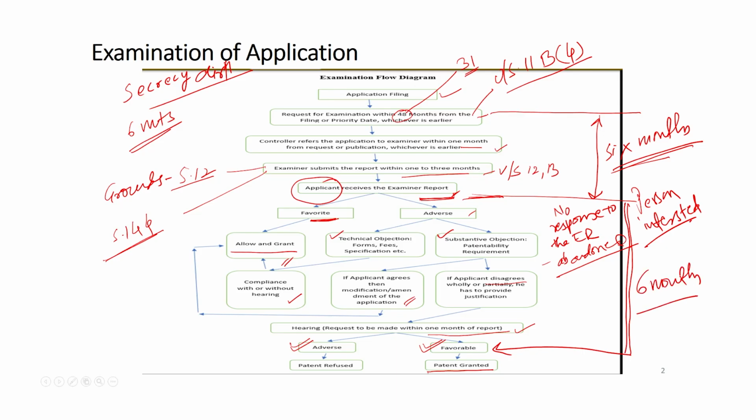So, this is the timeline within which the process of examination of the application is to be completed. From the request for examination to the applicant receiving the examiner's report, the total time is 6 months, and from this stage till the decision of the controller after hearing, this part will take another 6 months, and this is the timeline within which the stage of examination of the application is to be completed.